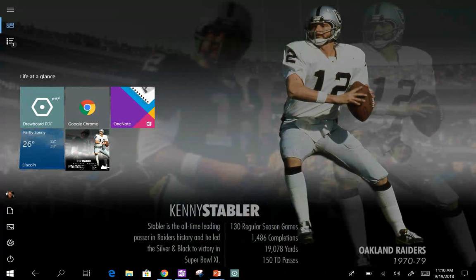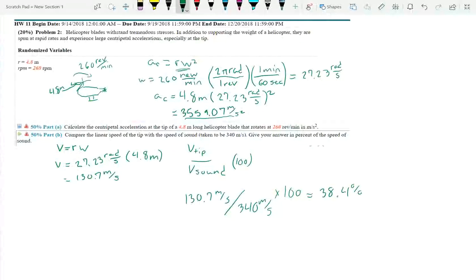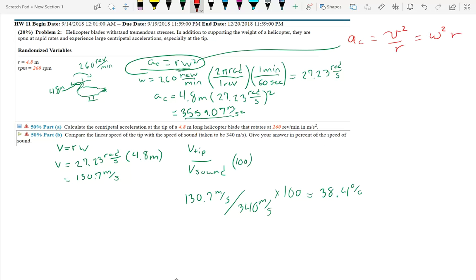Okay, I'm going to go back, because when you're finding the acceleration, you either have V squared over R or omega squared R. Those are exactly equivalent because of the relationship that V is equal to omega R. If I put V into the first one, I have omega squared R squared over R. One of the R's cancels, and I have omega squared R. So they're exactly equal.